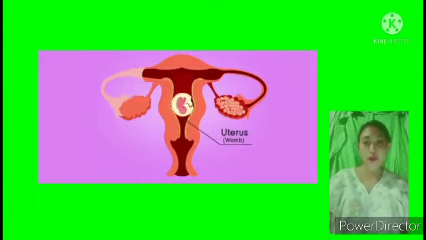Uterus, or the womb, is a hollow, pear-shaped, elastic, muscular structure where the fertilized ovum or zygote develops into a baby. Vagina. It is a tube leading outside of the body through the opening of the vulva.